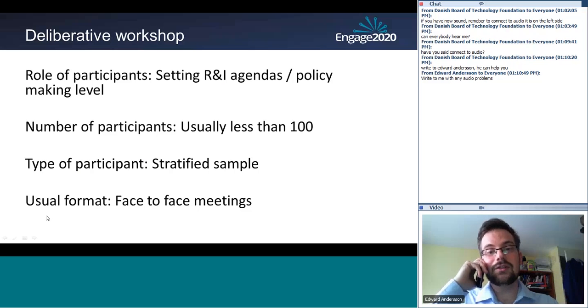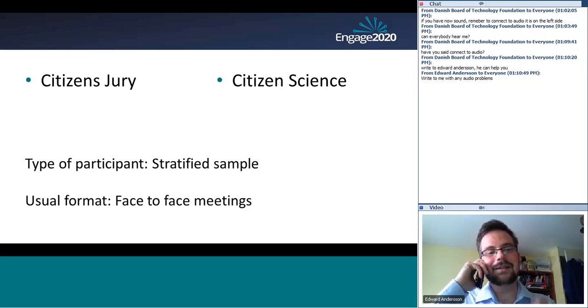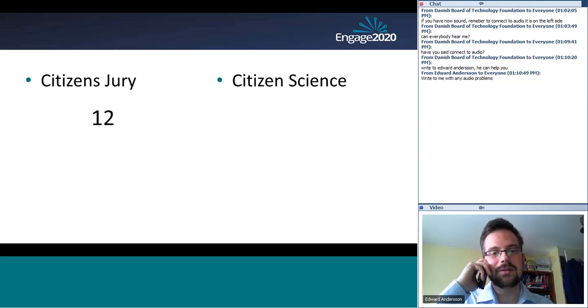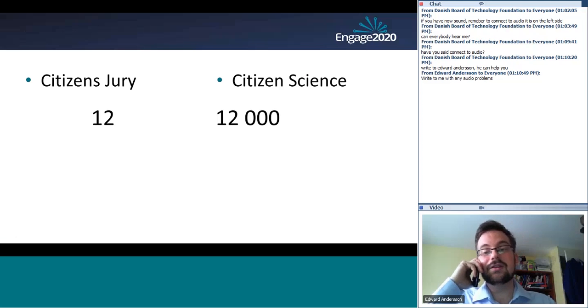Next slide. If we look at citizens' juries and citizen science, if you're new to engagement, they sound very similar. The citizens' jury involves 10 people, maybe up to 20. The citizen science project could involve tens of thousands of people.